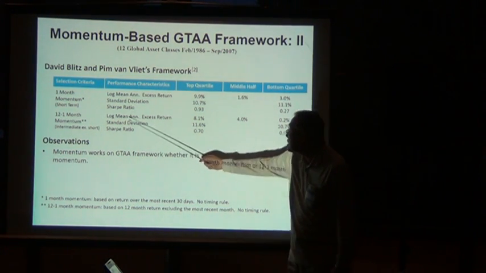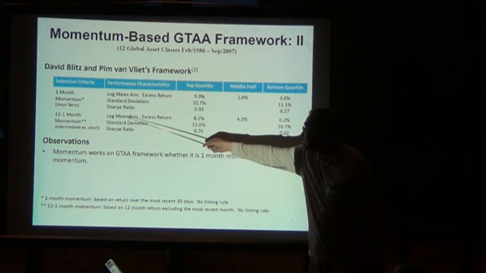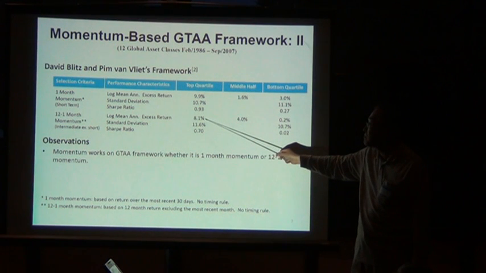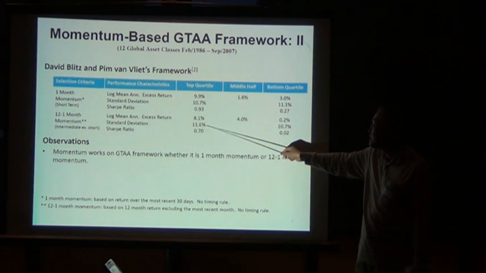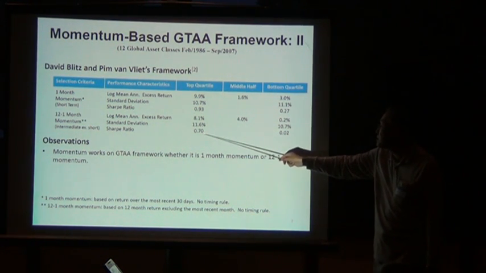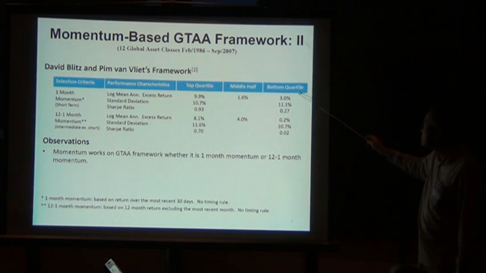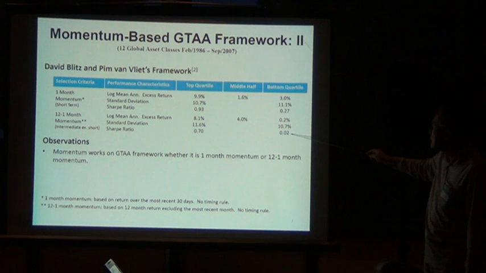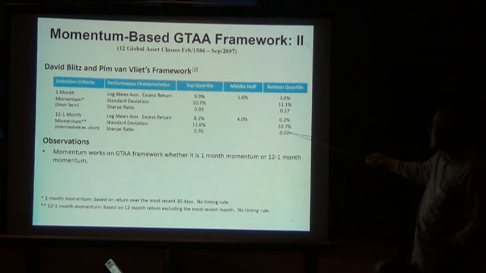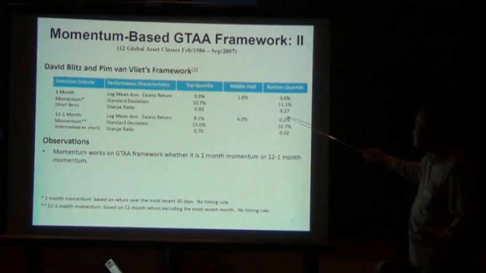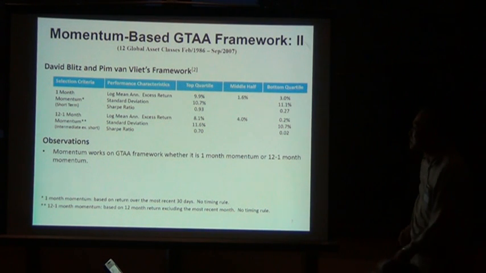In this case, the mean annual return is 8.1%, standard deviation 11.6, Sharpe ratio is 0.7 for the top quartile, and for the bottom quartile, essentially, you have no excess return.